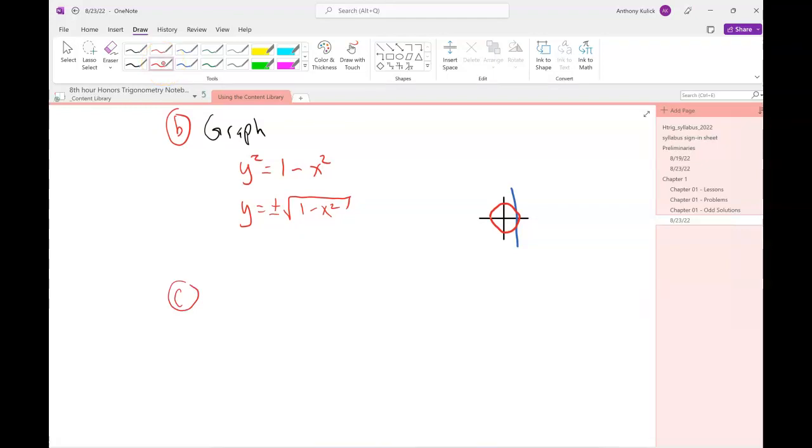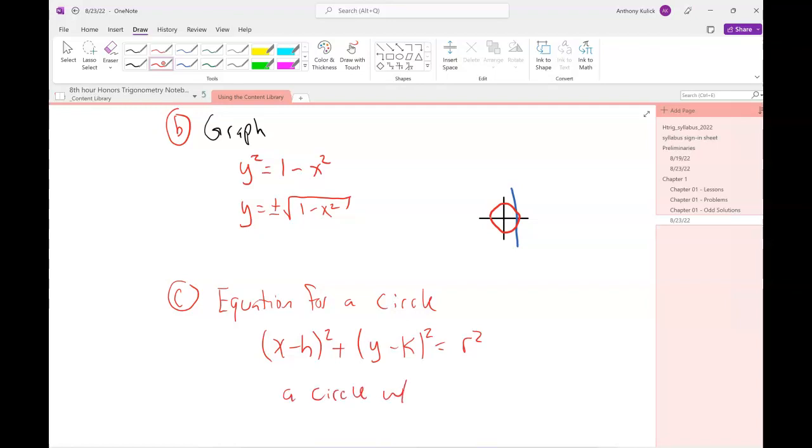It's a geometry thing. The equation for a circle was (x minus h) squared plus (y minus k) squared is equal to r squared. And that represents a circle with center (h, k) and radius equal to r.